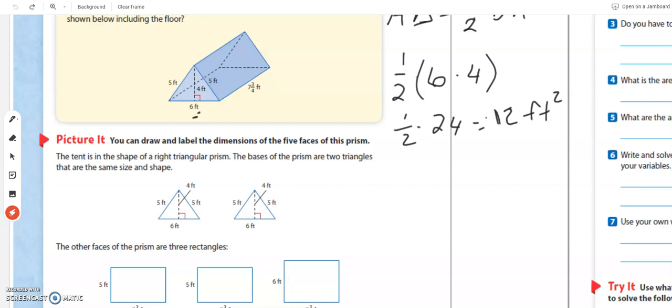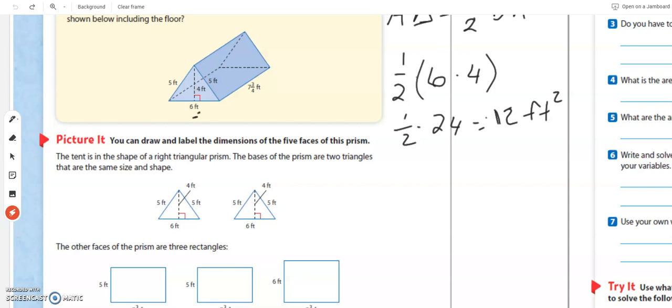Okay, so continuing on from last time, we were figuring out the surface area for this triangular prism up here, and we'd already figured out that the area of the base of it, this 6 foot by 4 foot triangle, is 12 feet squared.